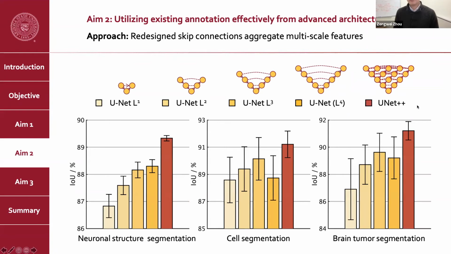This is the motivation behind our new architecture called UNet++, which aggregates multiple scale features from different levels of the network, therefore resulting in significantly better segmentation performance compared with each individual UNet.